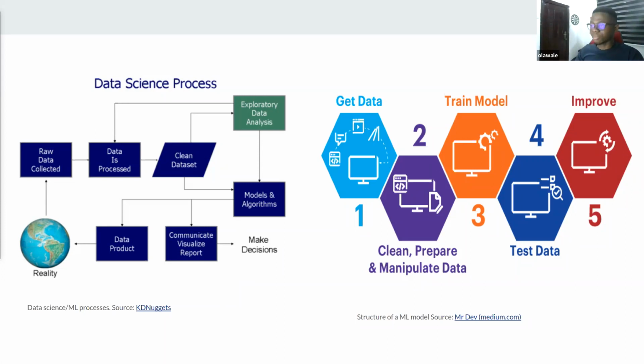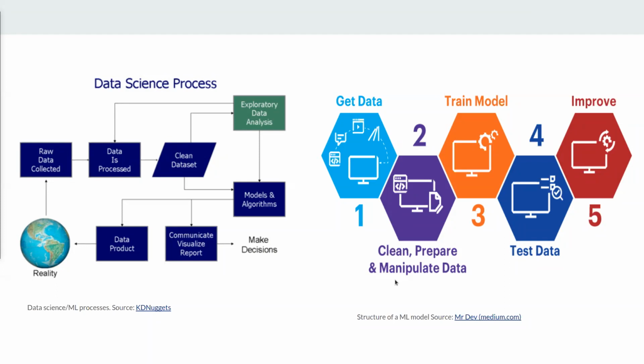You can also package your results and models into a data product which the end user can properly use. It could be in the form of a web app, a mobile app, software, or even an API, and the user can make use of that in the real world.